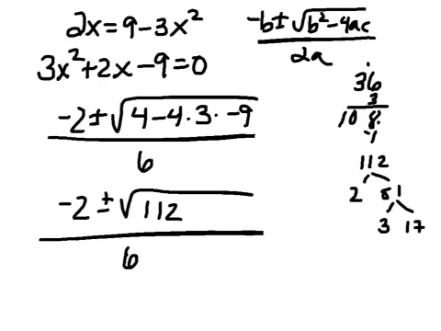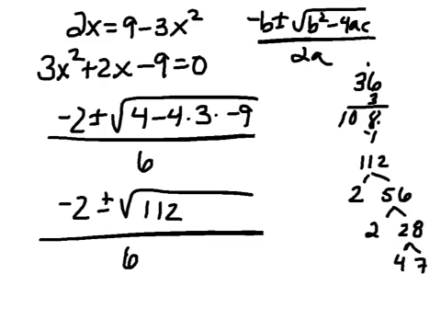So there you go. So square root of 112 over 6. And if we factor 112, 2 goes into it, 56, 2 again goes into it, 28, and that's 4 and 7.